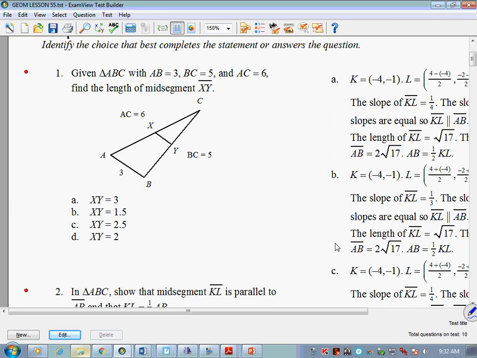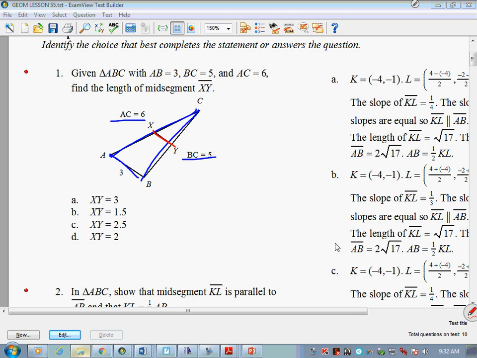Let's look at question number 1. In triangle ABC, AB is 3, BC has a length of 5, and AC has a length of 6. Find the length of midsegment XY. Brady's got an answer.